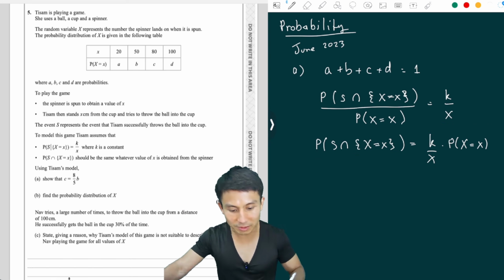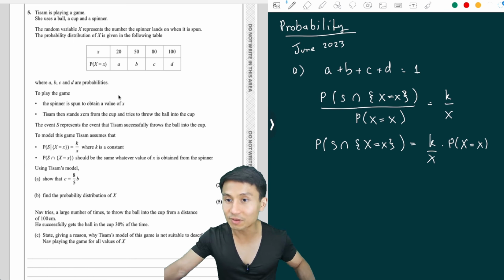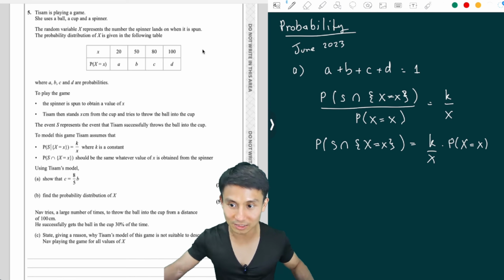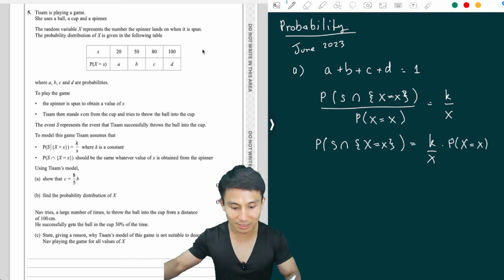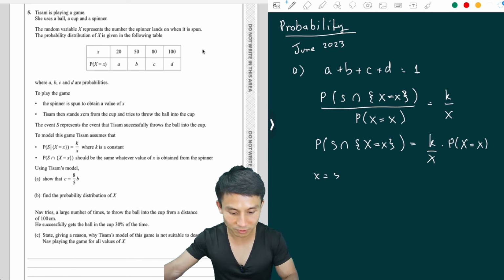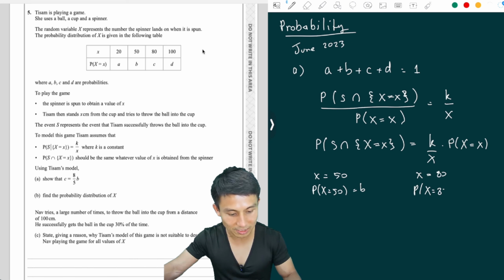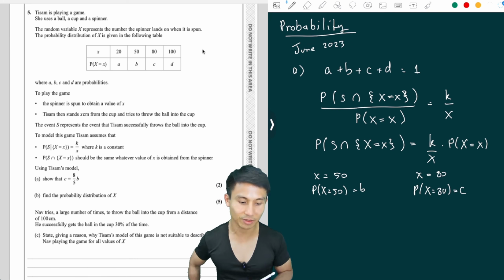In part A we need to show C in terms of B, where C is for 80 and B is for 50. So let's look at these two cases. Say x is equal to 50: P(X = 50) is just B. And x equals 80: P(X = 80) is C.